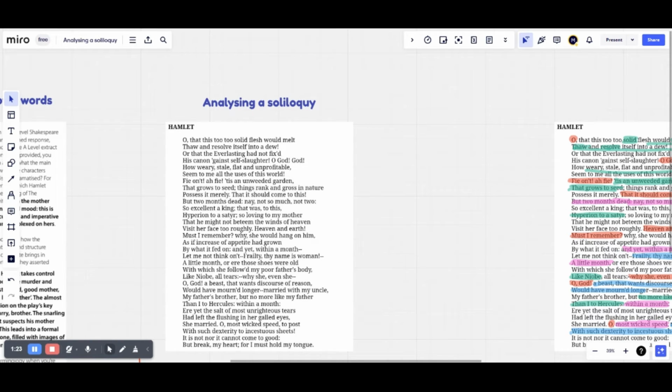Now it's private, unmediated, no filter, and we get that access to Hamlet's inner thoughts, his inner turmoil, and all the things that are consuming this young prince at this particular moment of his life.